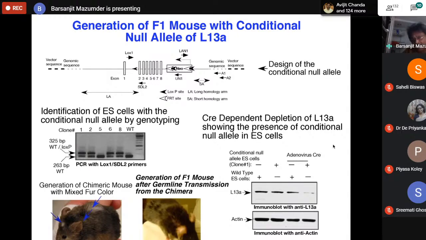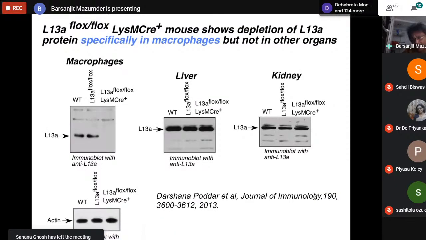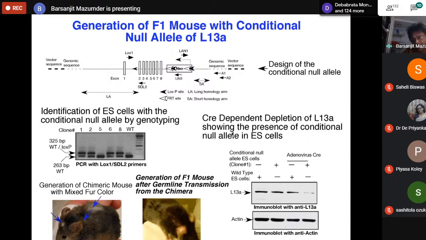Before injecting, we actually tested the ES cell for Cre-dependent excision by infecting with adenovirus Cre, and you can see that upon infection with adenovirus Cre, the L13A expression is going down. And then we generated the F1 mouse, and now the F1 mouse is only harboring the conditional null allele, meaning the floxed genome of L13A.